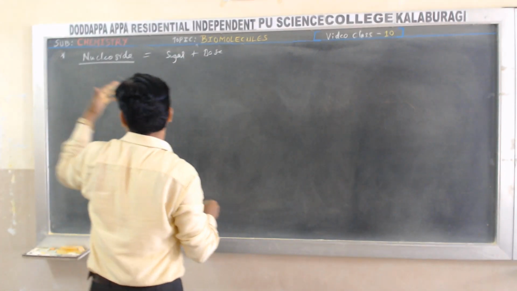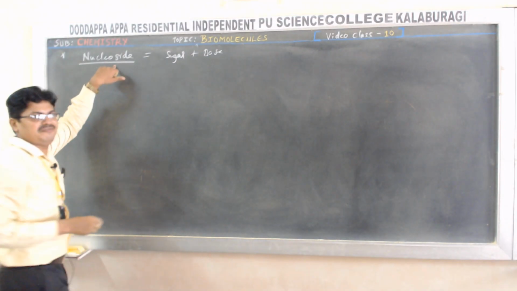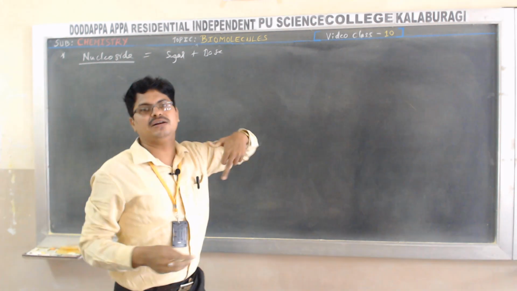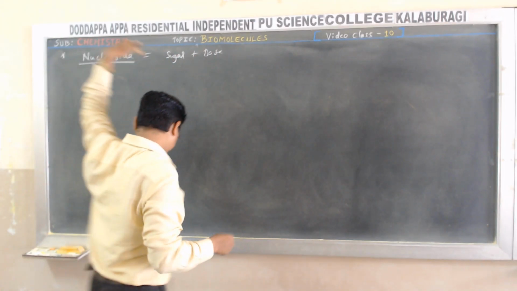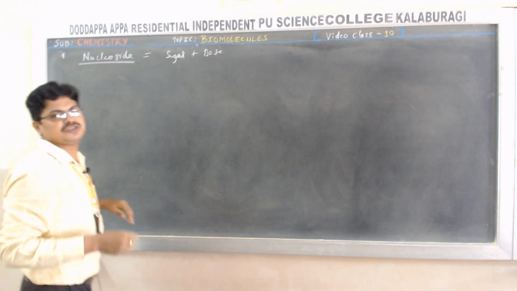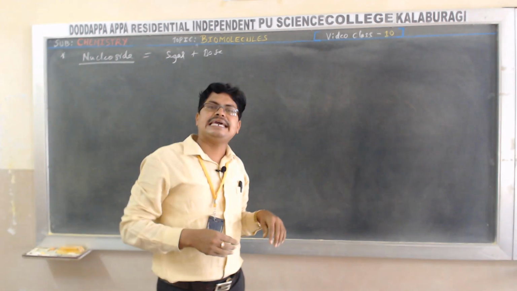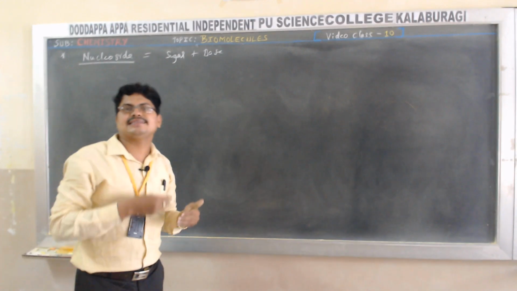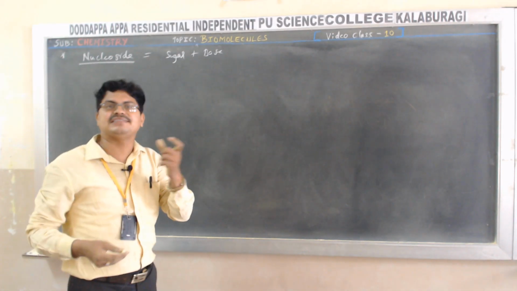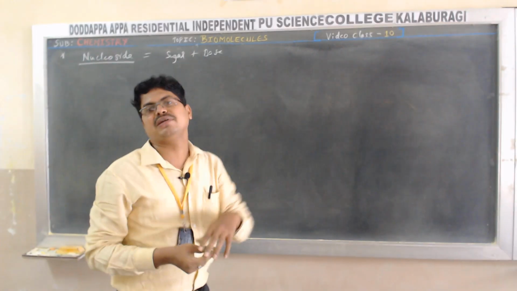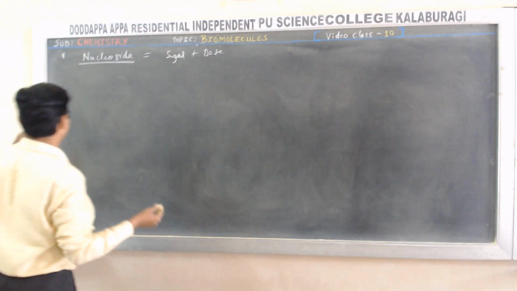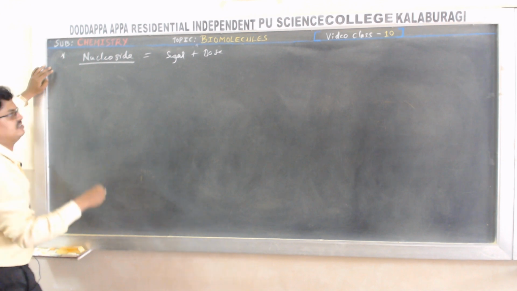So if you want to write the structure of nucleoside, I should write the structure of pentose sugar and nitrogen base. Of course, the nucleoside varies between DNA and RNA, in the position of the second carbon of sugar.